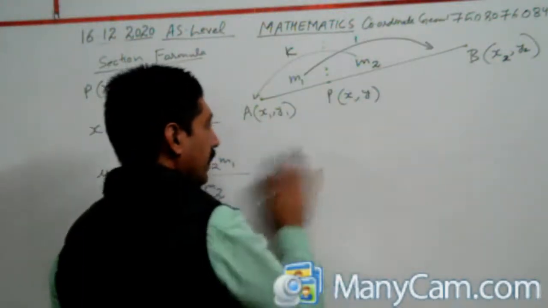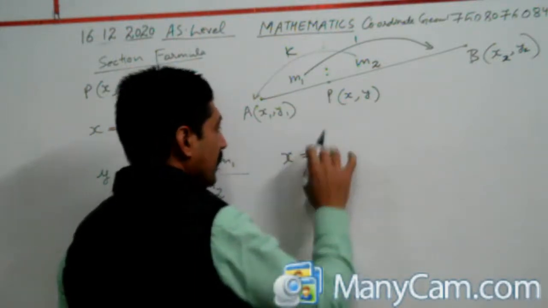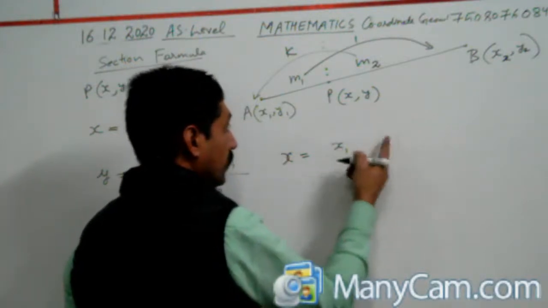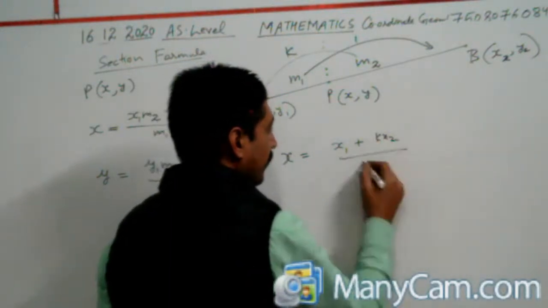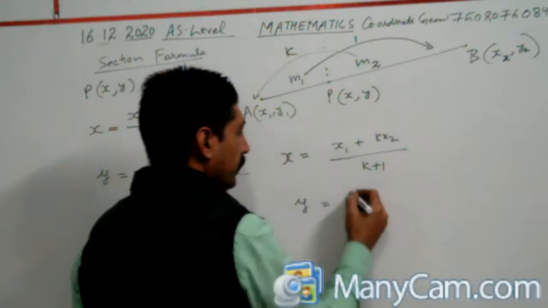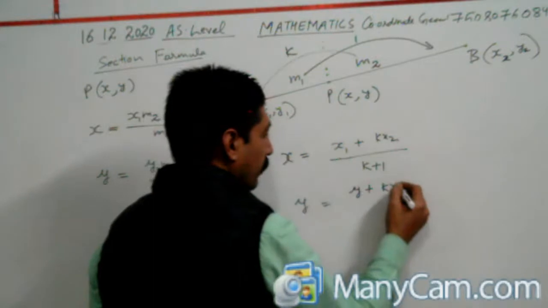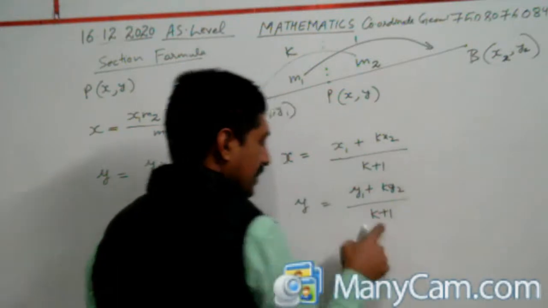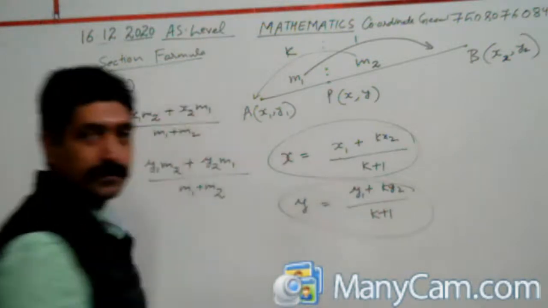Then the coordinates are x equal to (x1 plus k x2) divided by (k plus 1), and the same for y: y equal to (y1 plus k y2) divided by (k plus 1). Just like m1, m2, this is also a way. So you can opt for either.